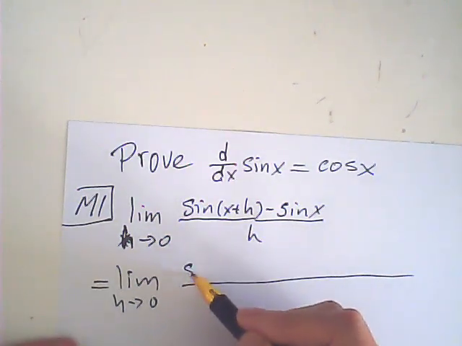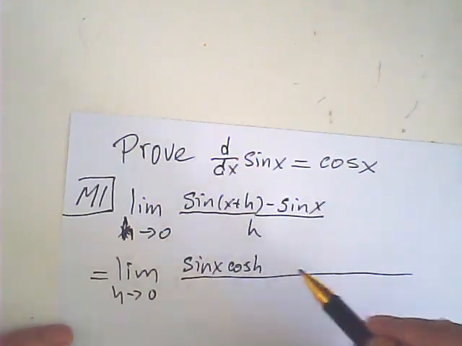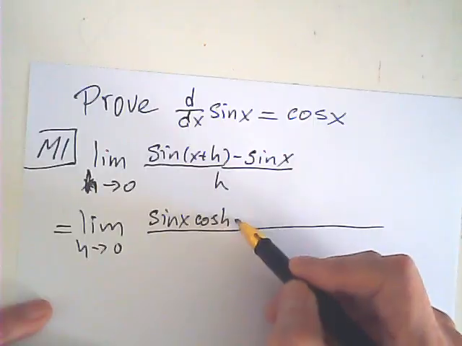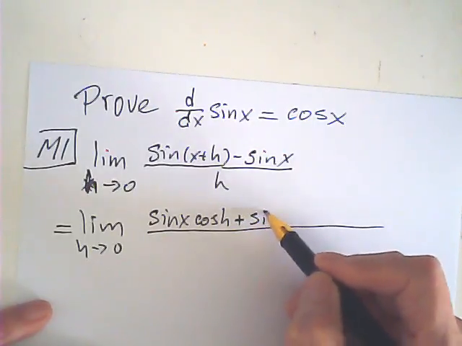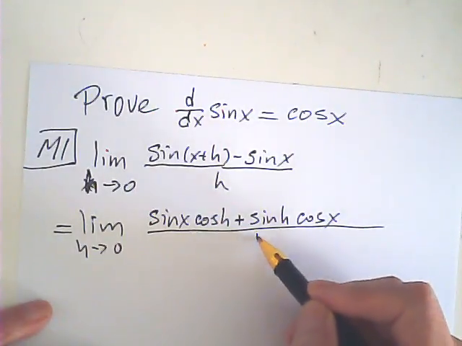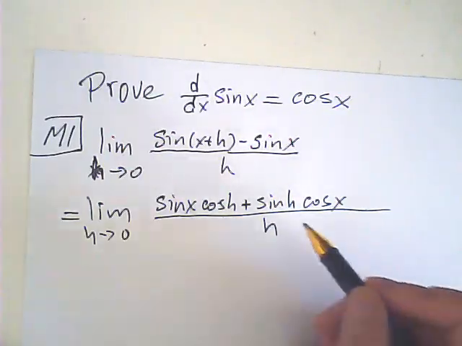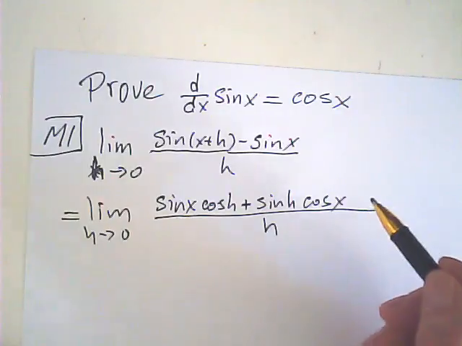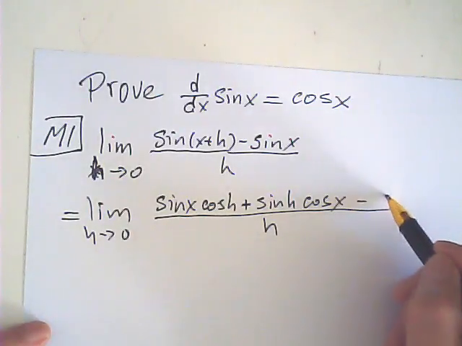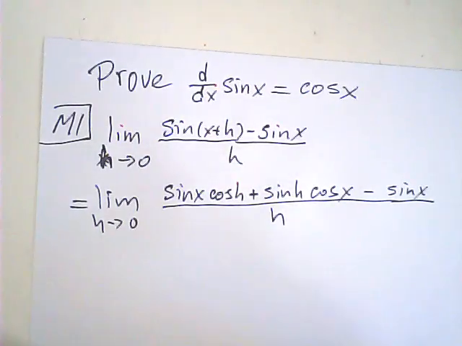So this is sine x cosine h plus sine h cosine x, right? Divided by h, minus sine x.